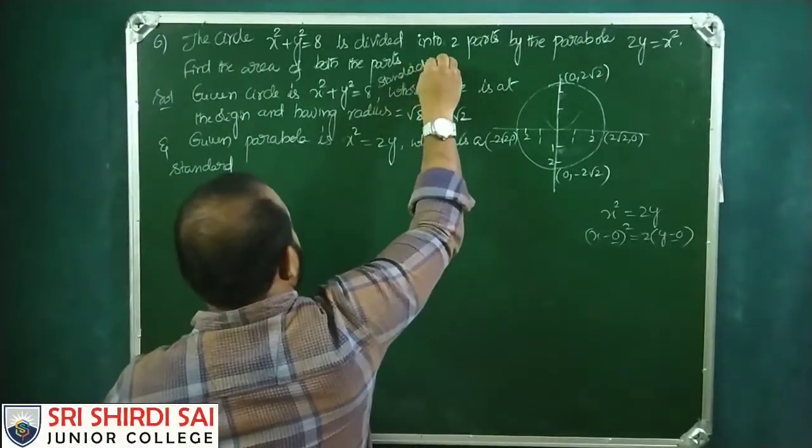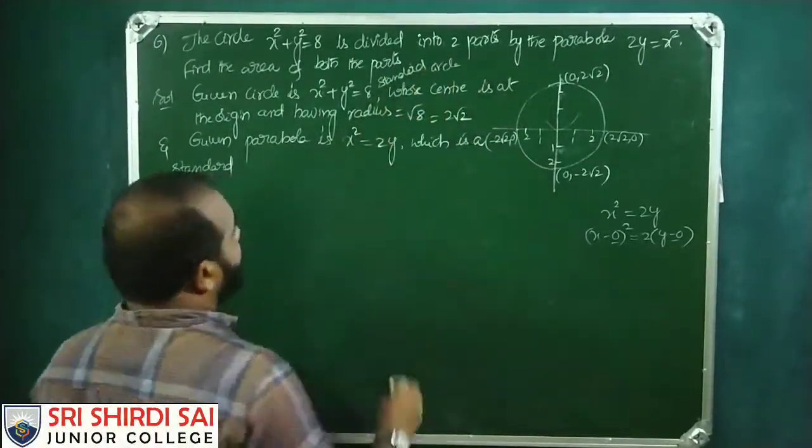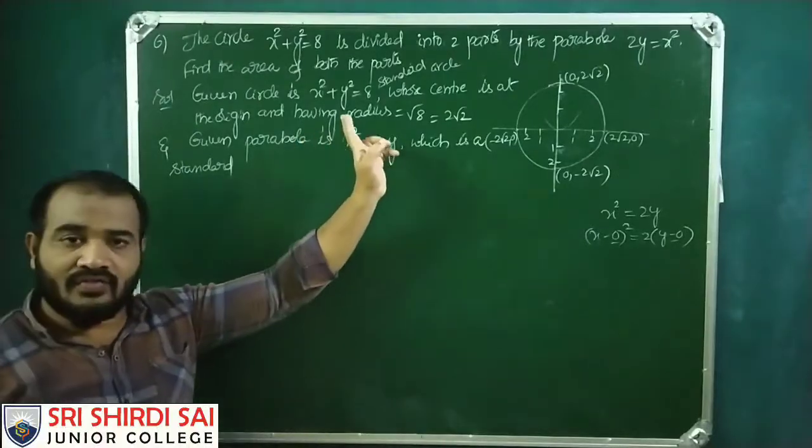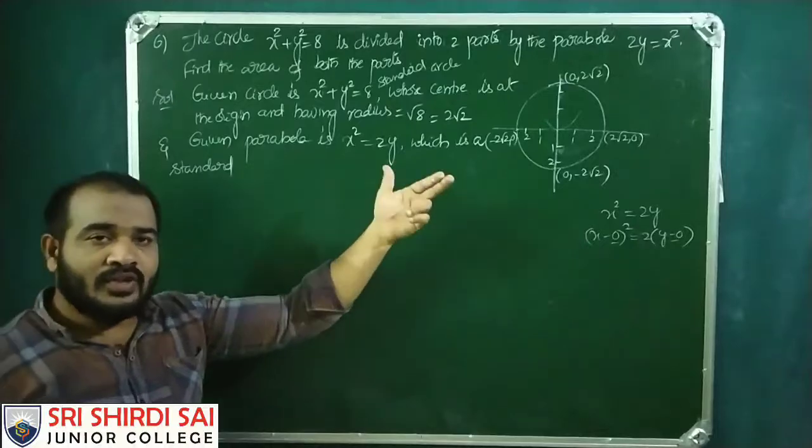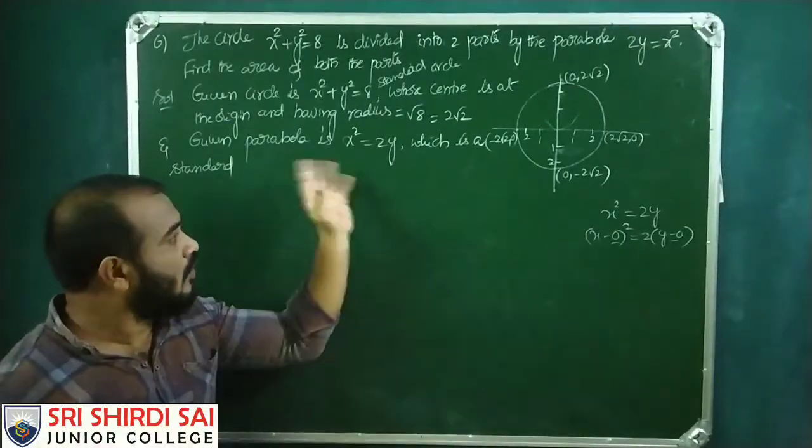The circle is said to be in its standard form if and only if its center is at the origin. The parabola is said to be in its standard form if and only if the vertex is at the origin.